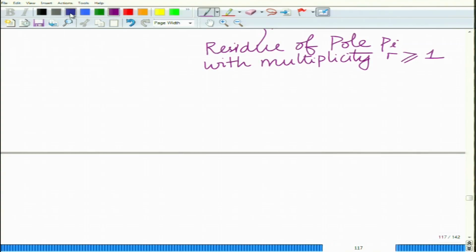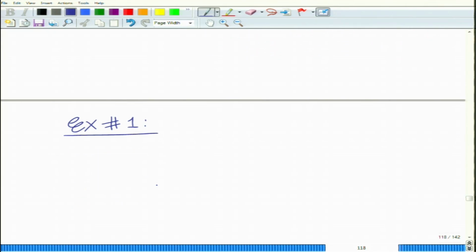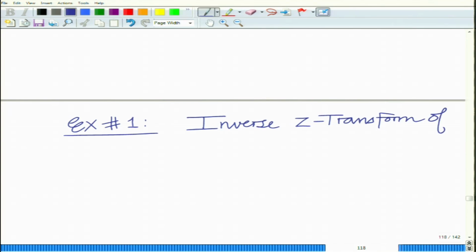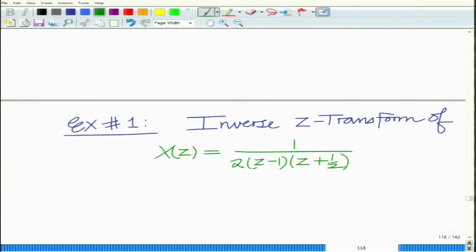All right. So, using this general inversion technique, for instance, let us do this simple example. Let us evaluate the inverse Z transform of X(z) equals 1 over (2z minus 1) into (z plus half).